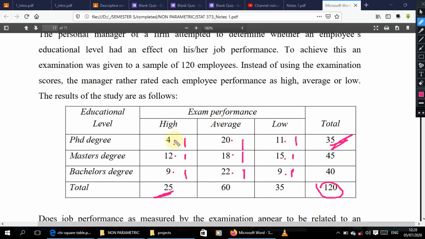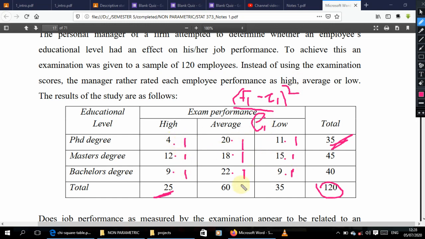When you finish, you have to do fi minus the expected frequency, all squared, divided by ei. So you take fi minus ei, squared, divided by ei, and you do the same for all of them.